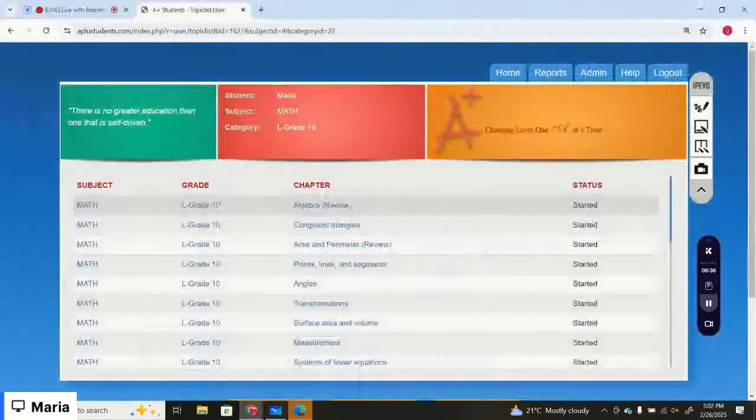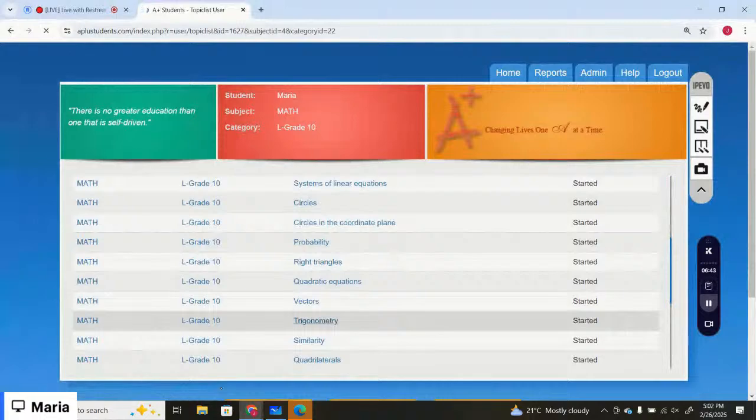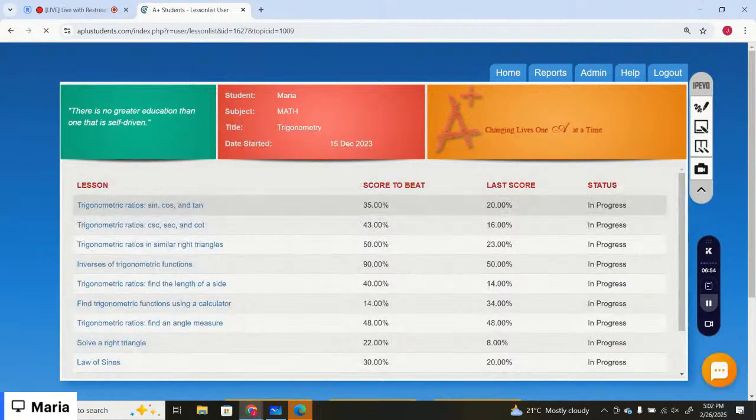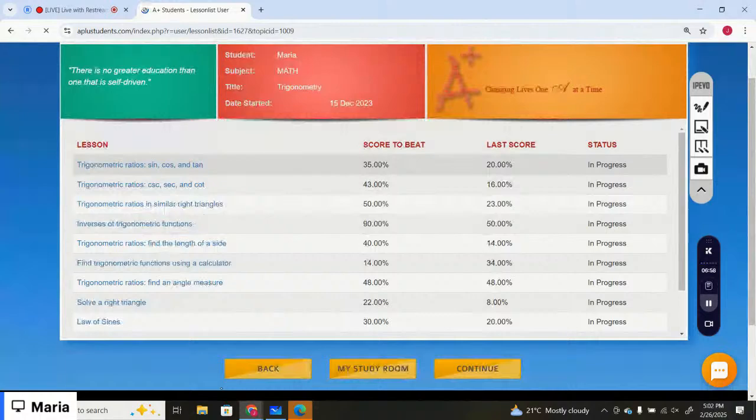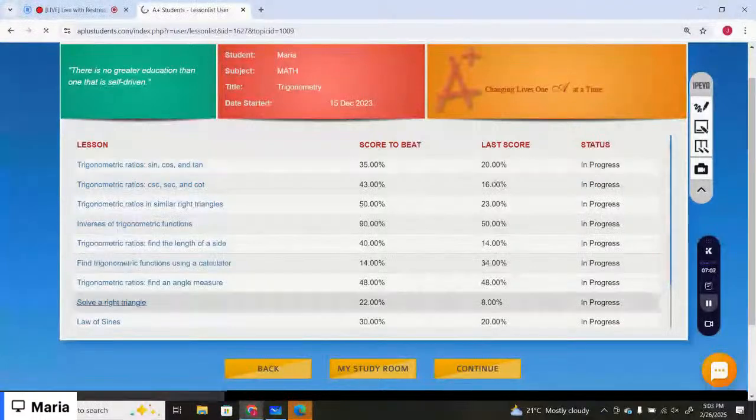So here I'm on grade 10 math. We're going to start with the chapter trigonometry. The lesson we're going to start with is solve a right triangle. Let's just start with the lesson.